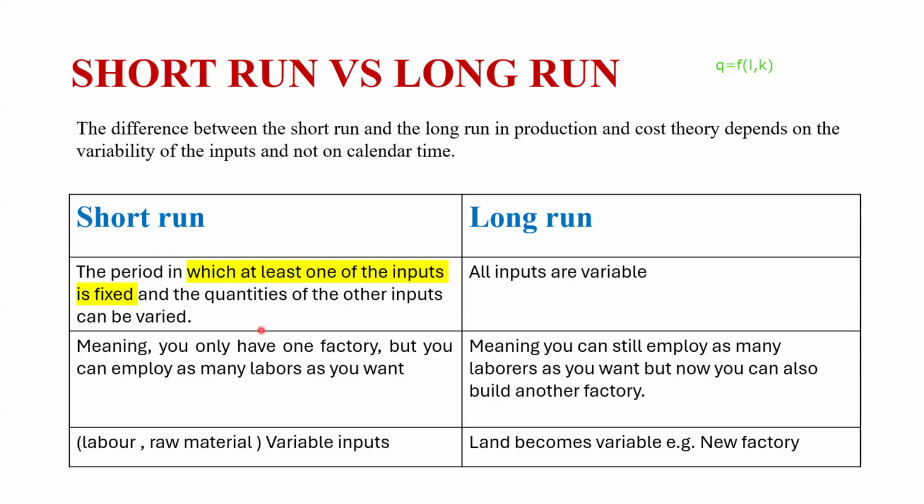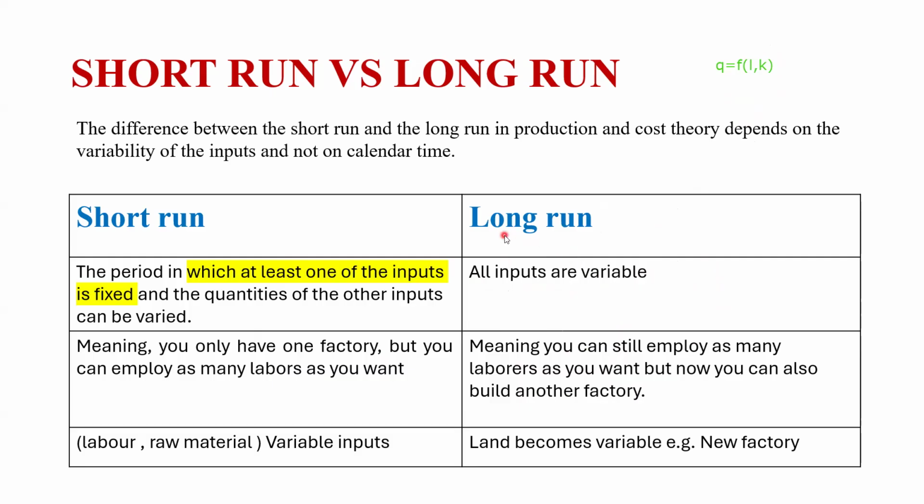You understand? And then the long run is a period where all inputs are variable. We do not have fixed inputs here, because even the capital can change, even the labor can change. The producer can decide to increase production by purchasing more capital goods, or by hiring more workers, or even by extending the size of the factory.